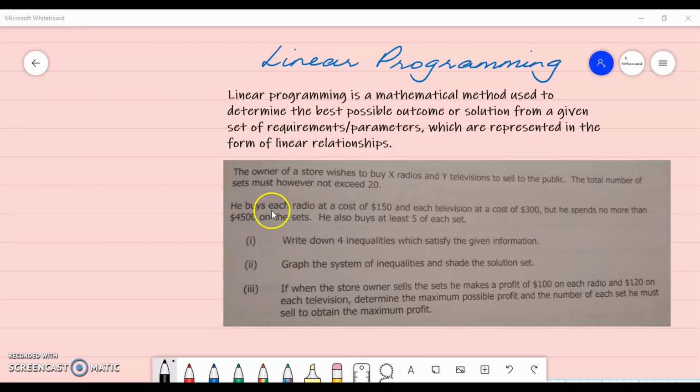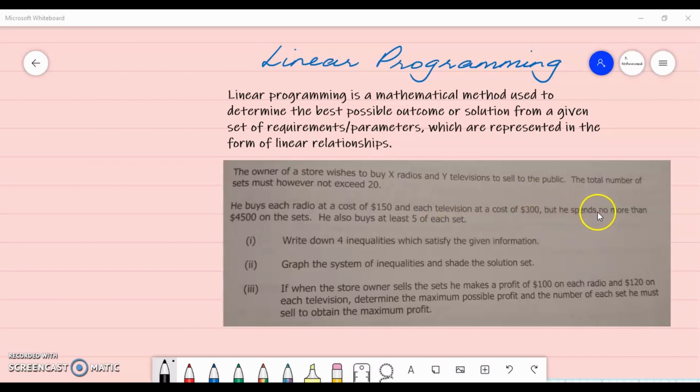He buys each radio at a cost of $150 and each television at a cost of $300. So each radio costs $150. Remember, radios are X and televisions are Y, right? So each radio costs $150 and each television set costs $300.